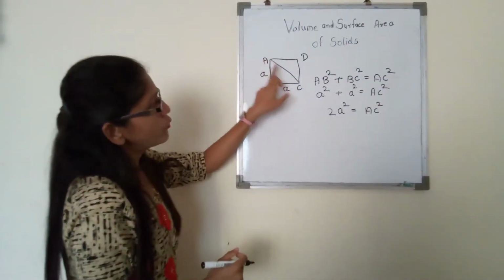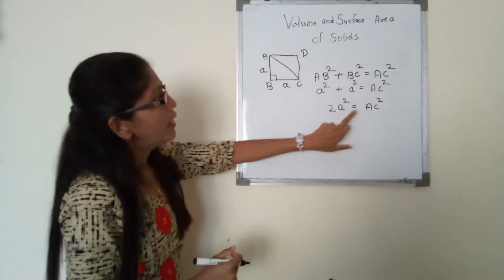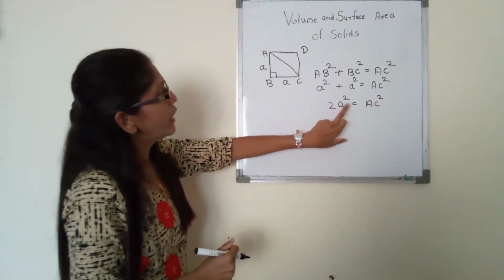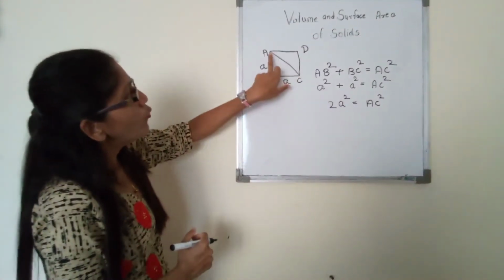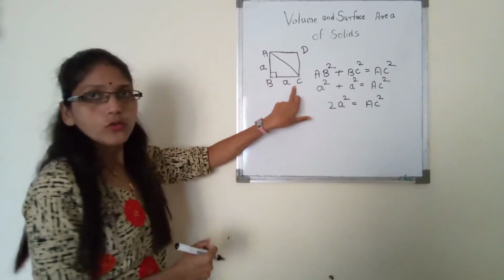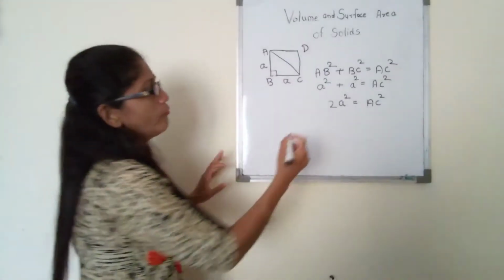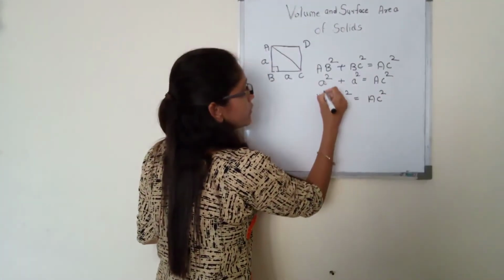Here we got AC square. AC square is equal to 2a square, but we only want AC. So what do we have to do? We have to put this figure into root.